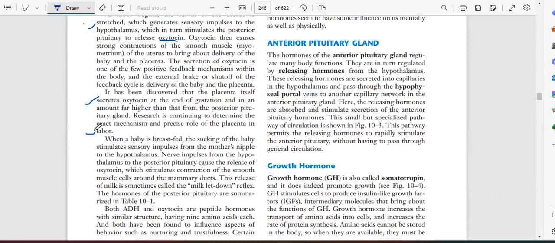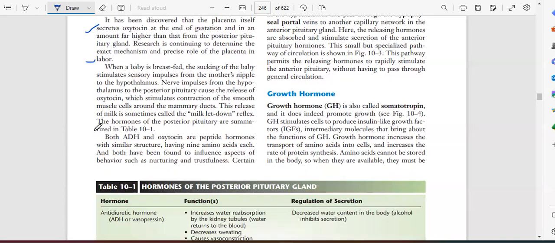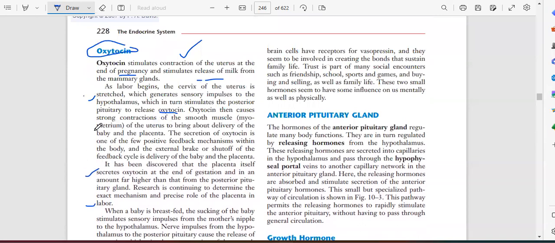Even though the pituitary gland is releasing oxytocin, the placenta also releases oxytocin, which helps to contract the smooth muscle, the myometrium, very easily. So this is a very good thing for us. And there is multiple research going on about the exact role of the placenta in that condition. Okay, maybe in the future we will know about that.